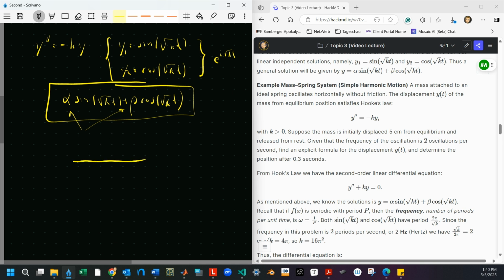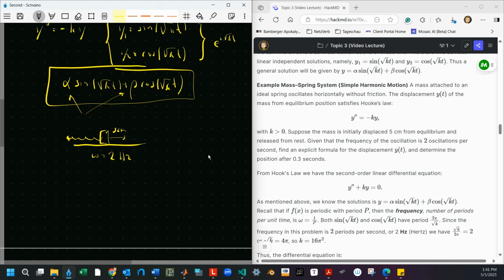The way this is set up is a spring attached to a wall, and there's some mass. We're ignoring friction, and we're pulling it back 5 centimeters. We know its frequency, which we're going to call omega, is 2 oscillations per second, which is 2 hertz in units.